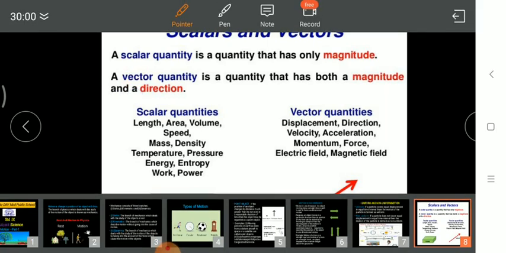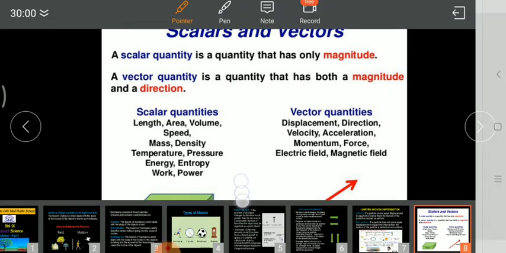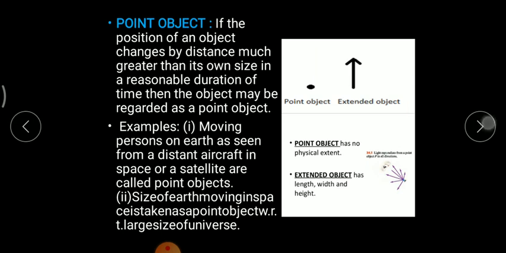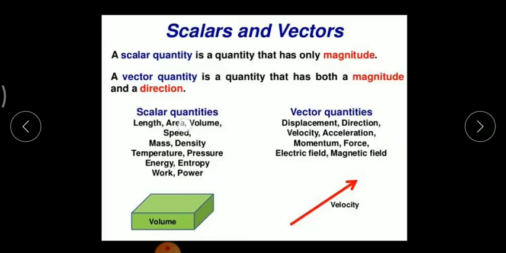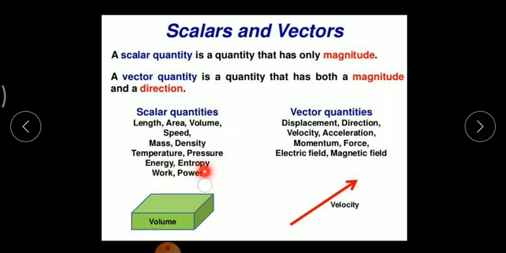For instance, force. If I give a certain amount of force from one direction and then change the direction of that force, the resultant net force would be different. So we say force is a vector quantity. Likewise, we have different physical quantities like length, area, volume, speed, mass, density, temperature, pressure, work, power, energy, entropy.